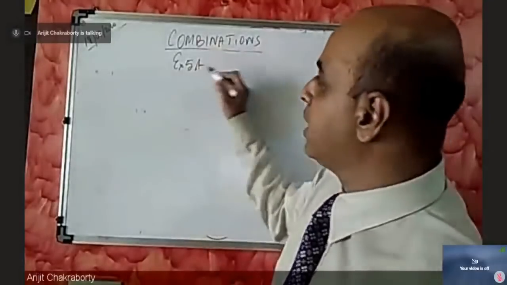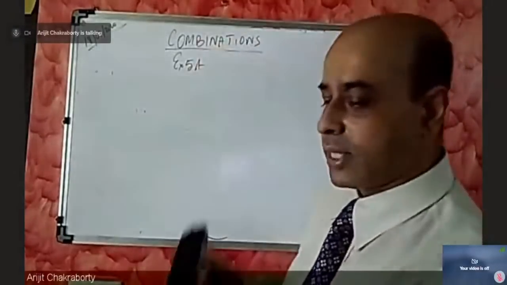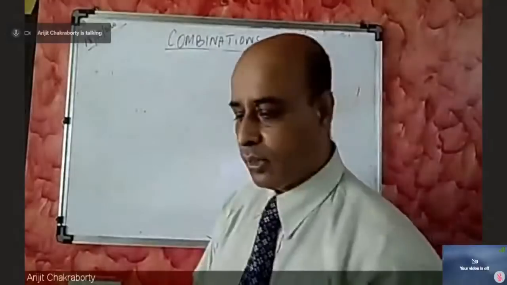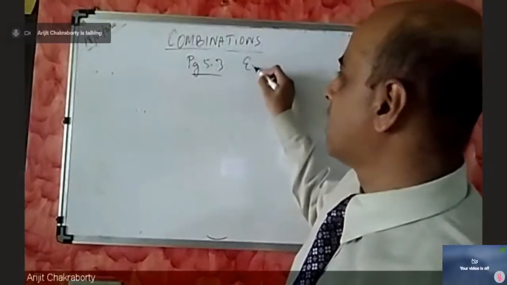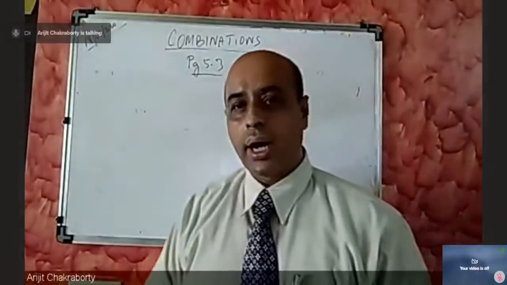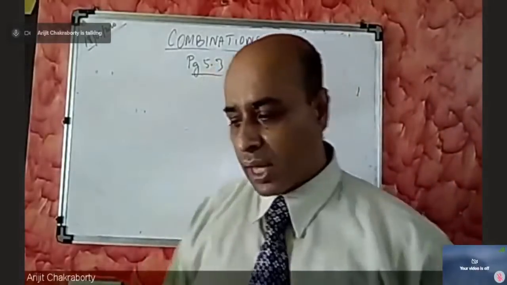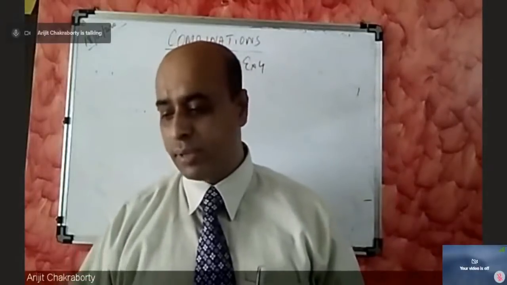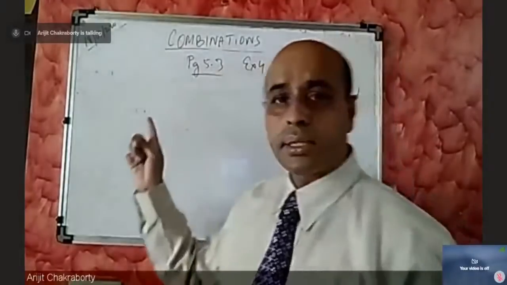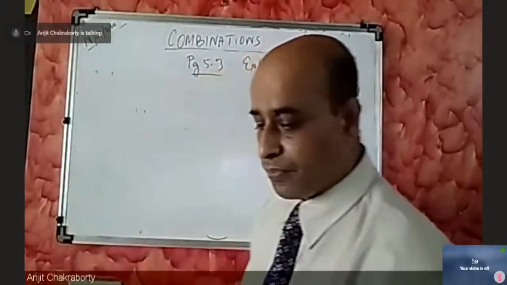Okay, so page 5.3, example number 4. In fact, I had a request from Bhavadharini R of Tamil Nadu, who has requested me to take up this problem, and it is otherwise a very important problem also.